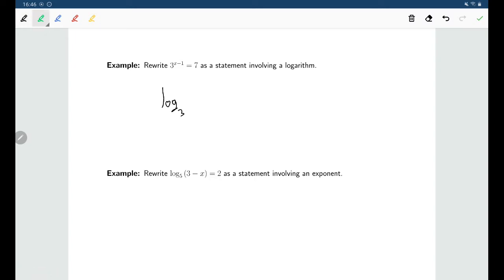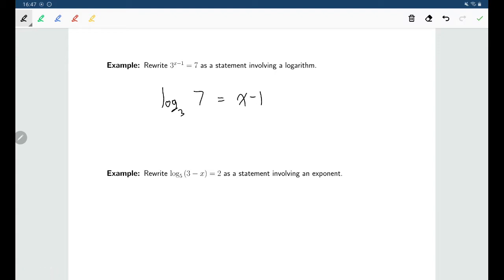The logarithm will switch the input and the output. For my exponential equation, x minus 1 was the input, so for my logarithmic equation, x minus 1 should be the output. For my exponential equation, 7 was the output, so for my logarithmic equation, 7 is the input.